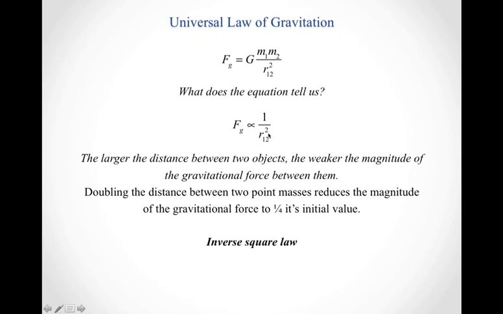The larger you make the distance between your two objects, the weaker the magnitude of the gravitational force between them. As an example, if we doubled the distance between two point masses, then the gravitational force would be reduced by a factor of 4. It would be 1/4 what it was before. This is known as an inverse square law and is the first of several that we'll see.